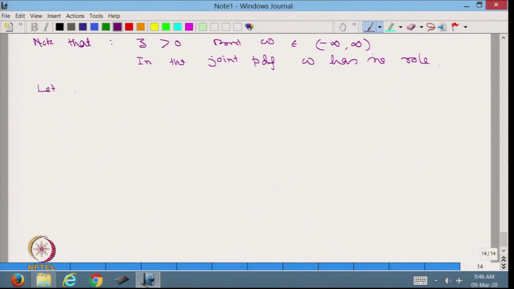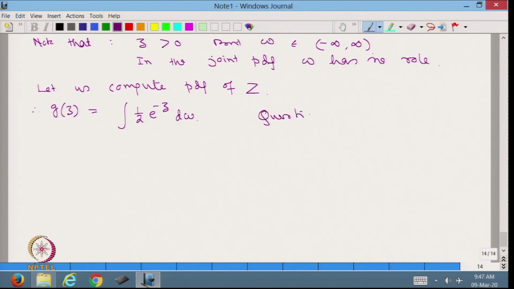So, let us compute PDF of z. Therefore, g_Z is equal to integration of half e to the power minus z with respect to w. Question is, what is the range of w?